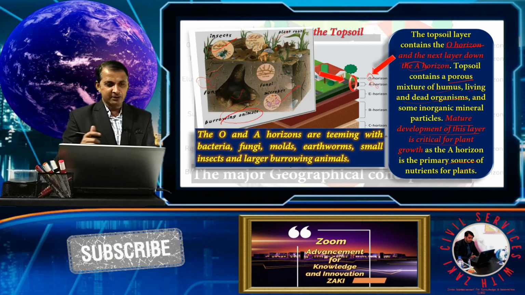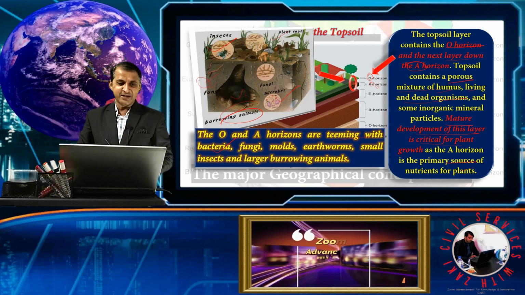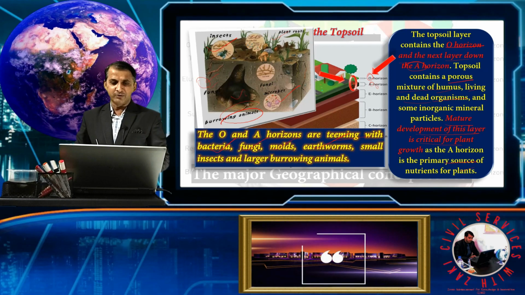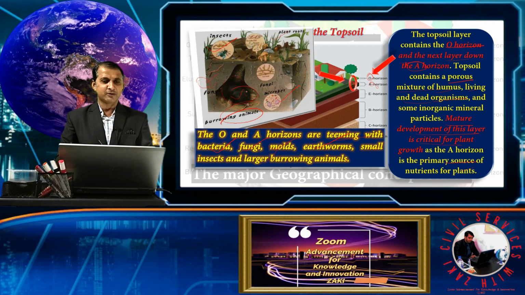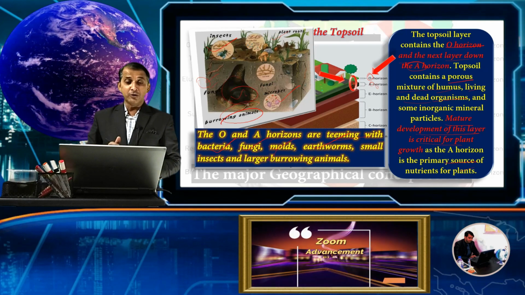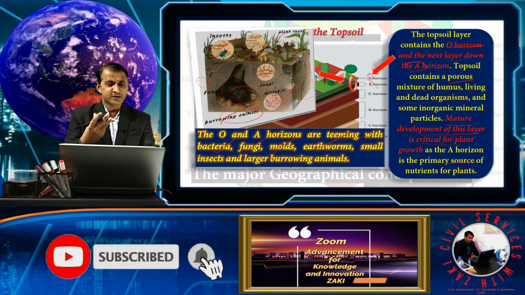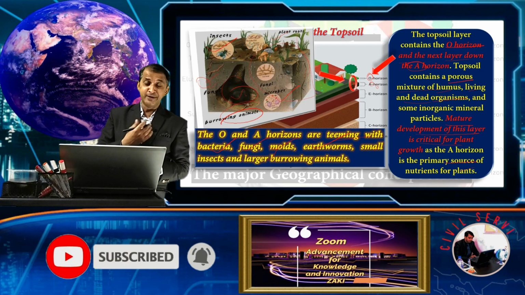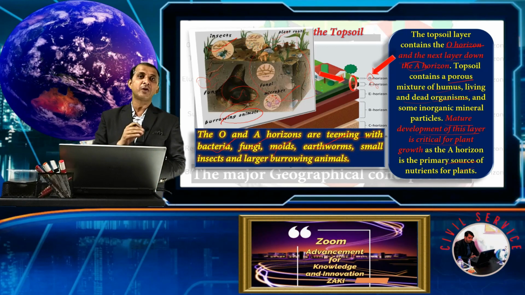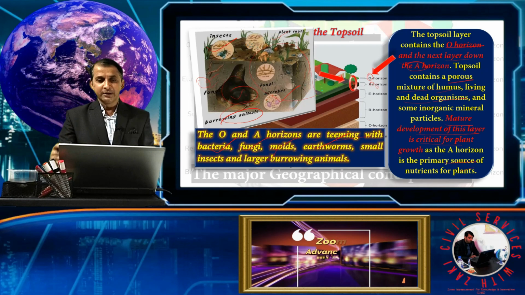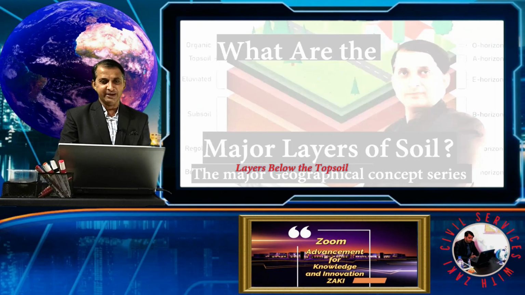In this picture, the O and A horizons are teeming with bacteria, fungi, molds, earthworms, small insects, and larger burrowing animals. These layers are continuously mixing organic matter and minerals, so this layer is very significant for plant growth and agriculture. Let's move forward and see our next layer.